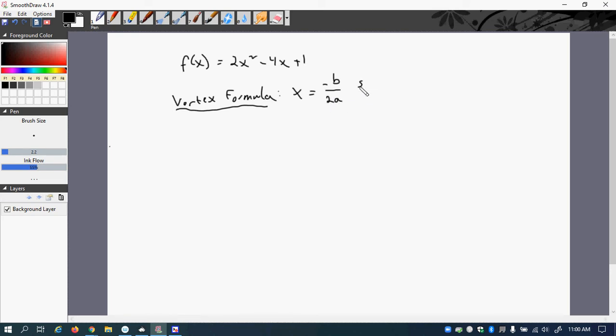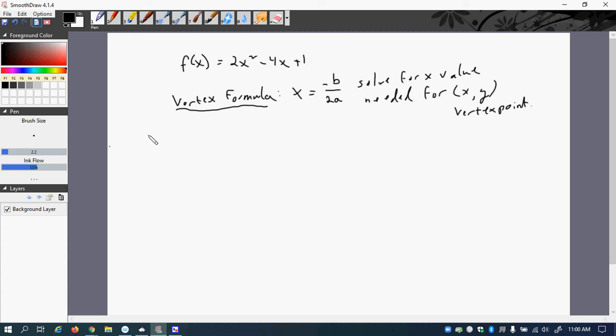So this solves for the x value needed for the x comma y coordinate point, which is going to be the vertex point.